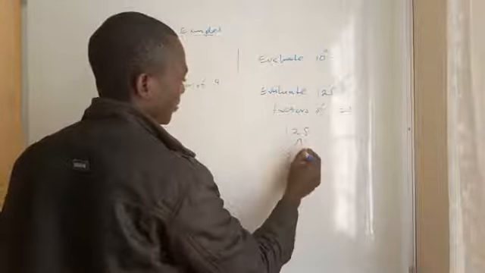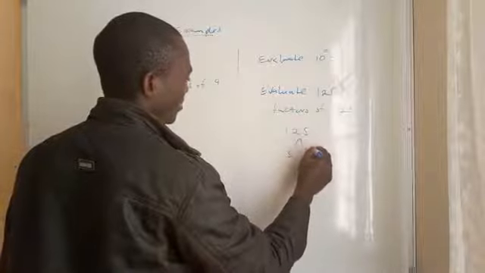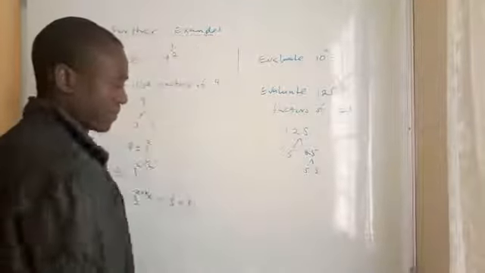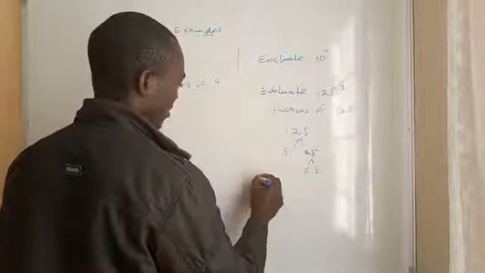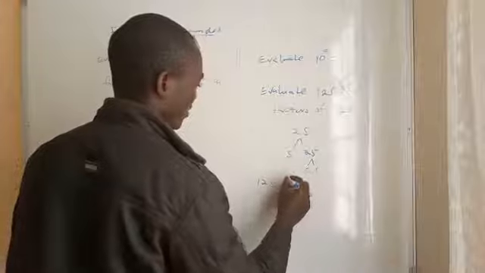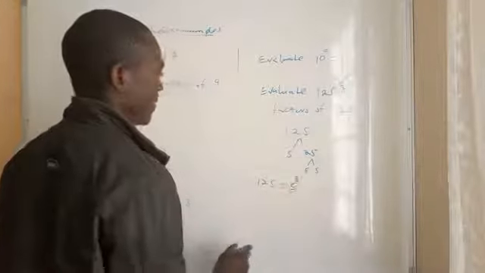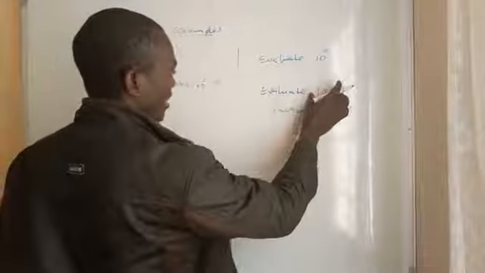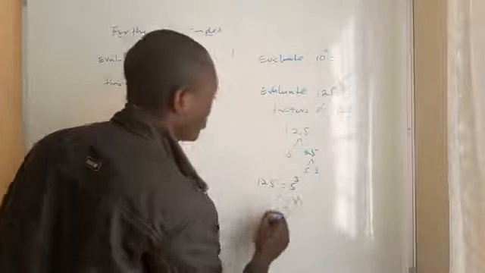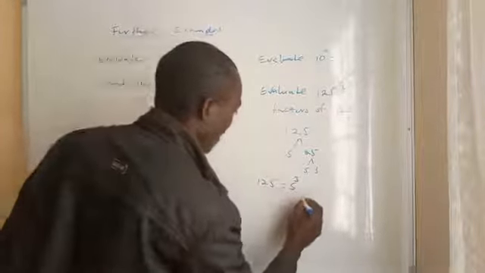So 125 is 5 times 5 times 5, that is 5 power 3, raised to power a third.